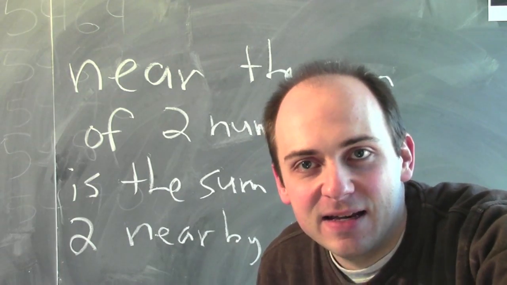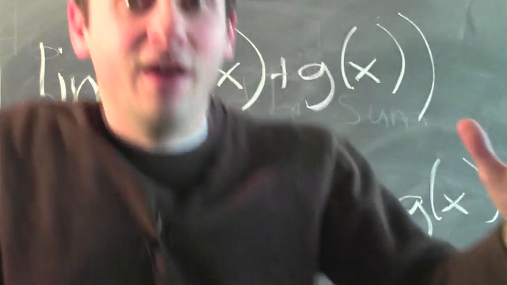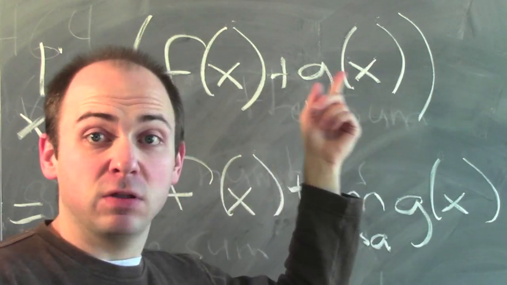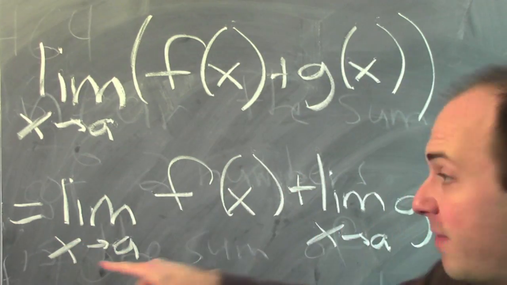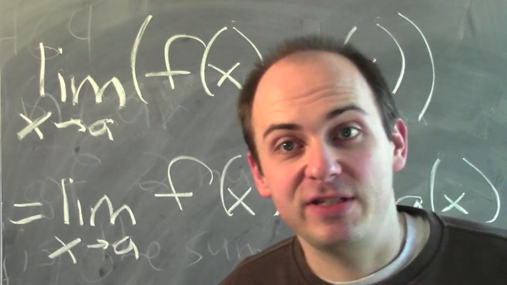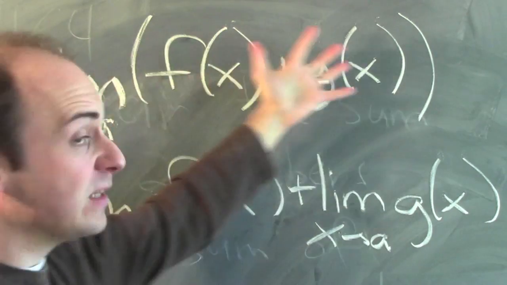How does this relate to limits? Let's take a look. Here's how it relates to limits. The limit of f of x plus g of x as x approaches a is the limit of f of x as x approaches a plus the limit of g of x as x approaches a. How is this related to those arithmetic problems? Well, remember what this limit is saying.